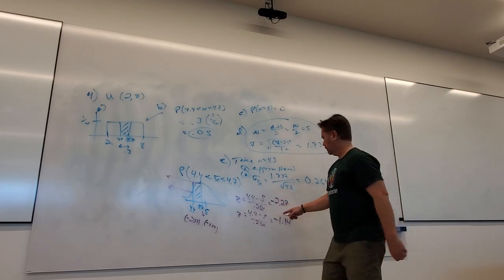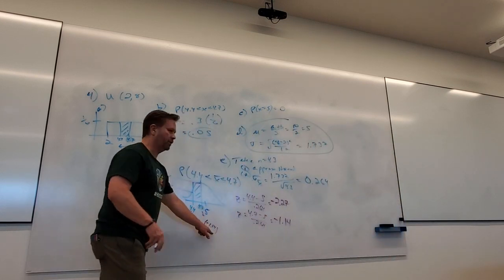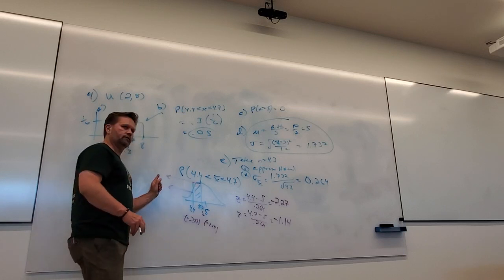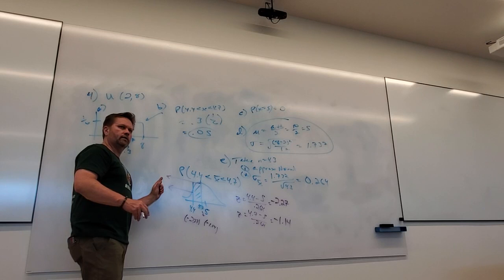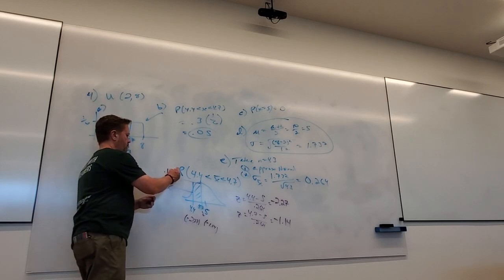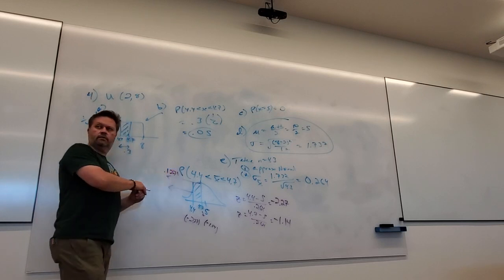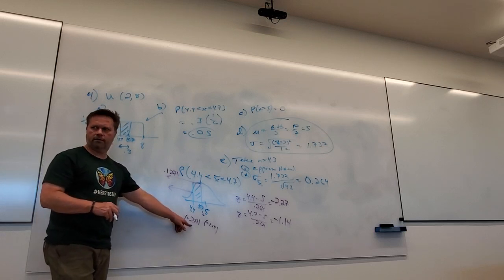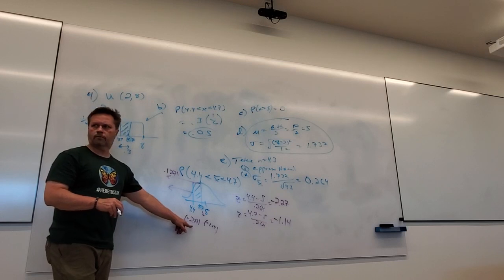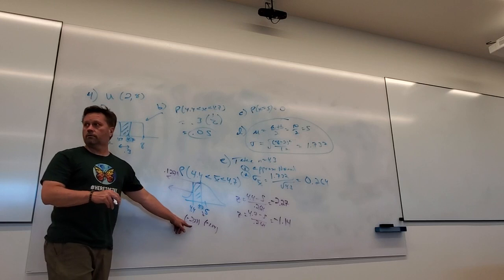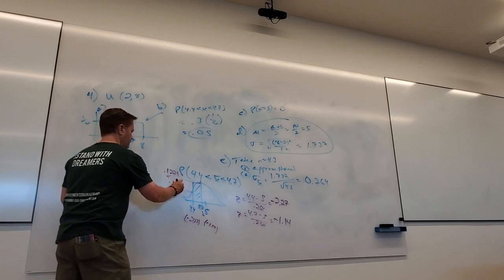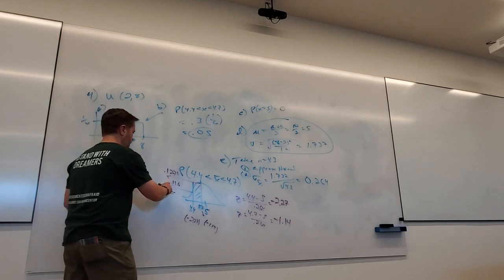And then, what do you get when you look up negative 1.14? Anybody? For the area? 0.1271? Yeah. Okay. What about negative 2.27? Who's got that? Let me look up negative 2.27. 0.0116.